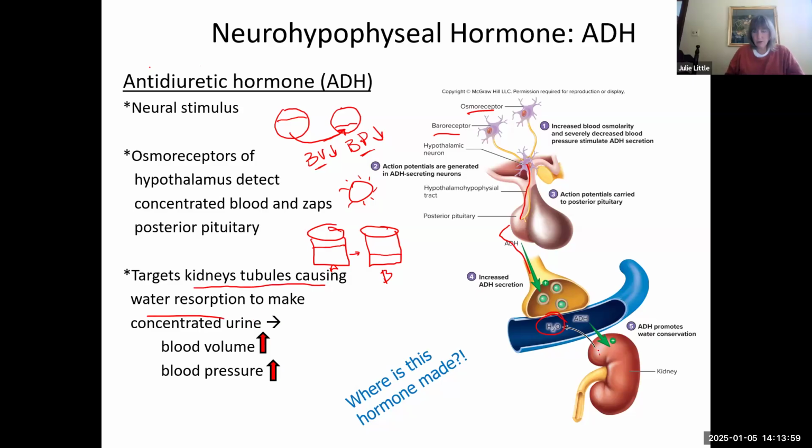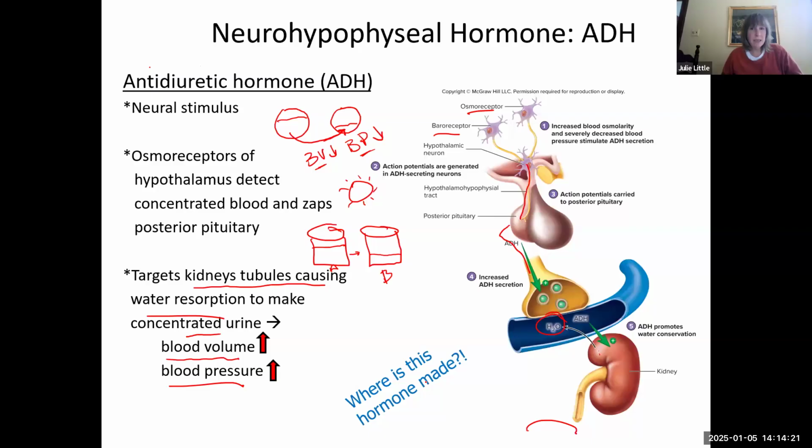They'll take the water out of the urine, because down here in the bladder, it's too late. The kidneys have to do this. The kidneys take the water out of the urine, put it into the blood, and that will increase blood volume. Now the urine becomes more concentrated, but our blood volume increases and our blood pressure increases.